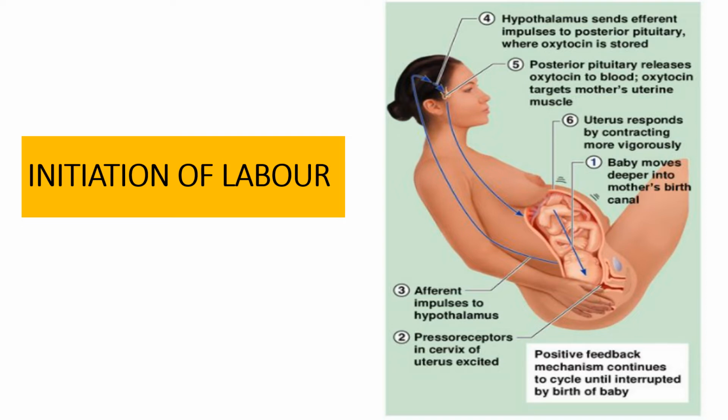Posterior pituitary releases oxytocin to blood. Oxytocin will target the mother's uterine muscle, and the uterus responds by contracting more vigorously, and again the baby moves deeper into the birth canal. Thus you can see a very beautiful example of the positive feedback mechanism.